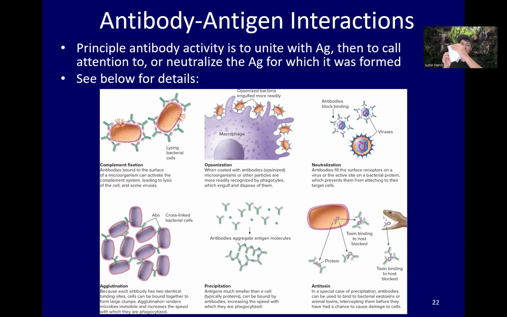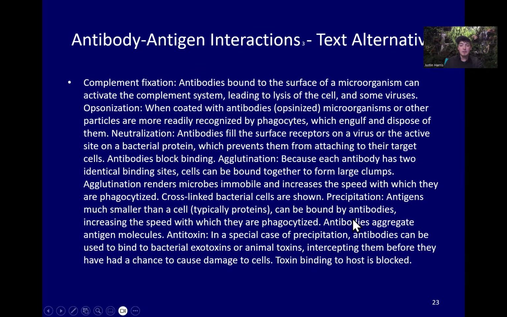If you have an antibody that can recognize that, it won't be able to get in or recognize it, right? And so it causes it to neutralize. A very specific kind of neutralization is antitoxins, where your antibodies are able to bind to toxic proteins that can do harm to your tissues, and neutralize them so they're not able to do the function that they would otherwise do to cause harm.